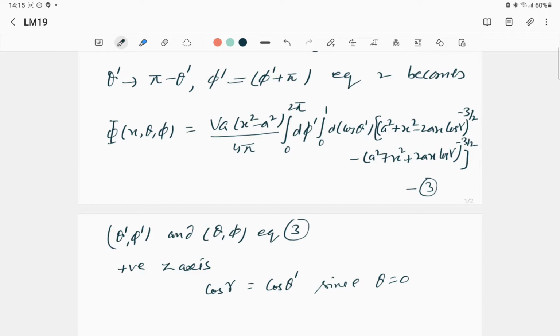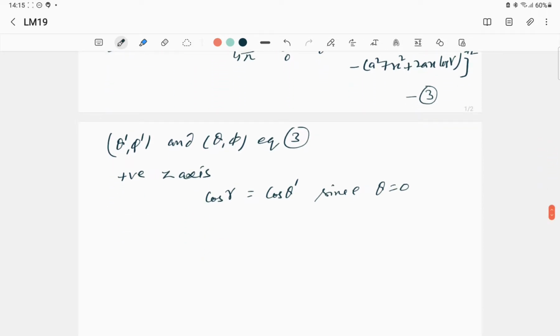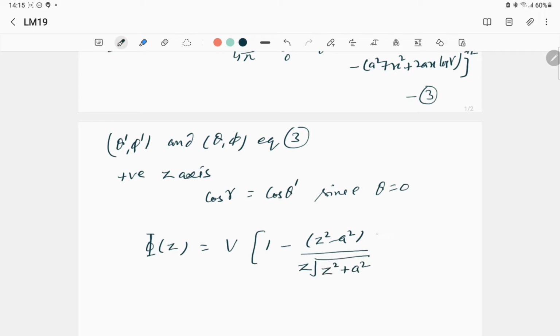The integration is elementary and the potential can be shown to be, in this particular case, phi of z equals V times 1 minus z square minus a square divided by z under root of z square plus a square, equation 4. So this is the special case.